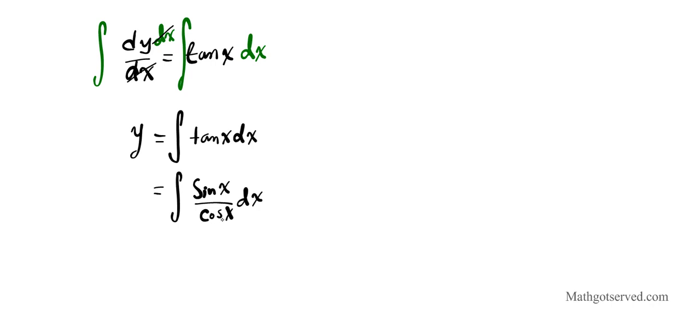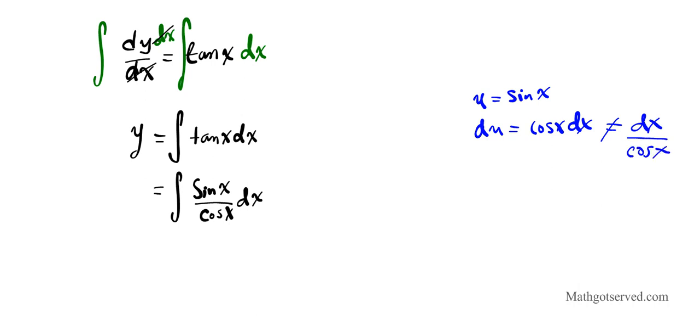Now, can I use a u-substitution here? The question is, if I differentiate one function, do I get the other function multiplied by dx? So let's say I set u to sine x. If I differentiate this, du is going to be cosine x dx. But in this case, we have dx over cosine x. This is not equal to that, so I can't do that. How about I pick a different u?